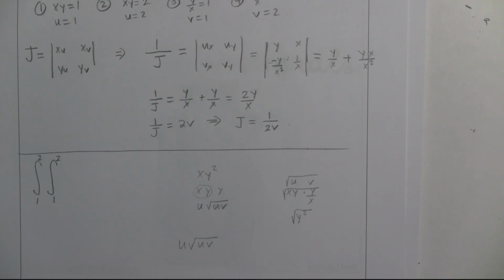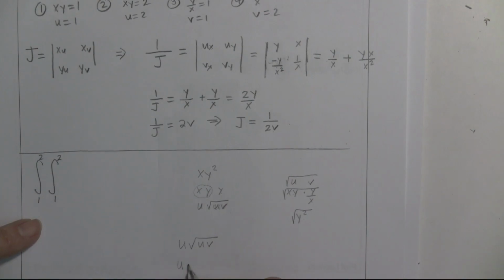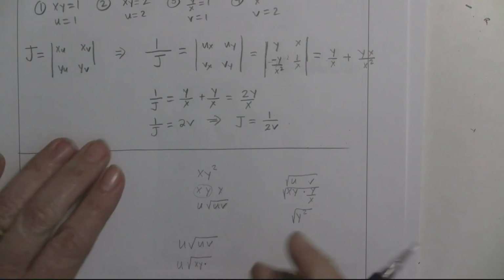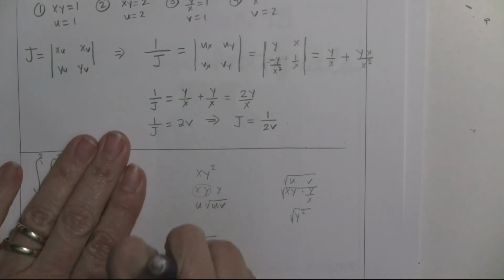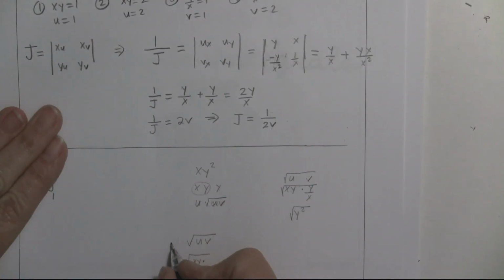Do you notice that they're not negative, right? My variables are always positive. U and V go from positives. So when I go here, this is U, and then the square root, and U was XY.